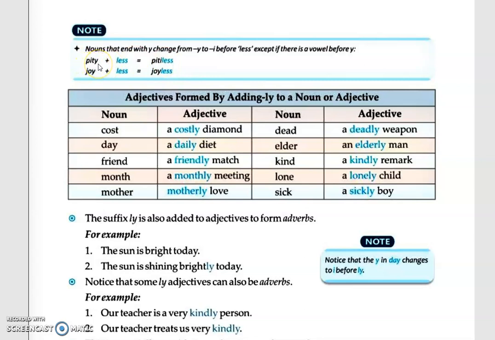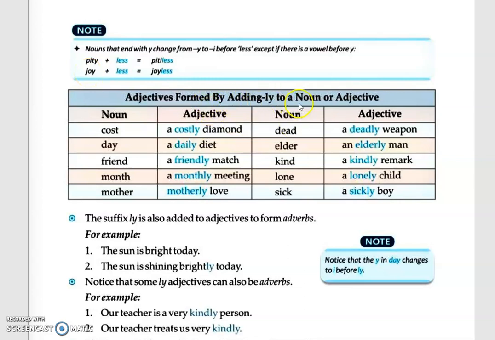The last letter is Y. Before Y, if you have a vowel, it will not change. But if you have a consonant, apart from A, E, I, O, U, these 5 vowels, you remove the Y, put an I and make it pitiless. Look at this, joyless. Why haven't we removed the Y here? Because before Y we have a vowel O.